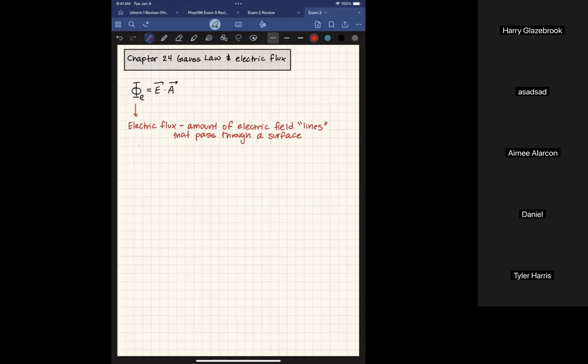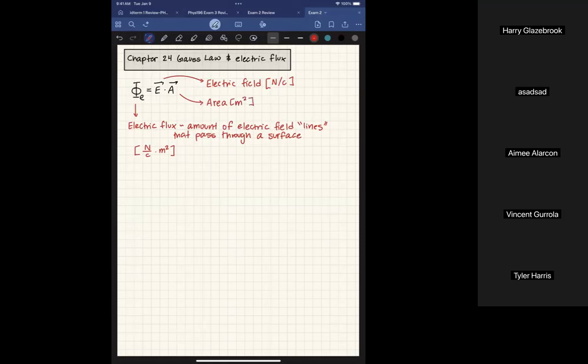It's going to have units of newtons per coulomb times meters squared. The next quantity here is the electric field, which has units of newtons per coulomb. And last but not least, we have area, with units of meters squared.